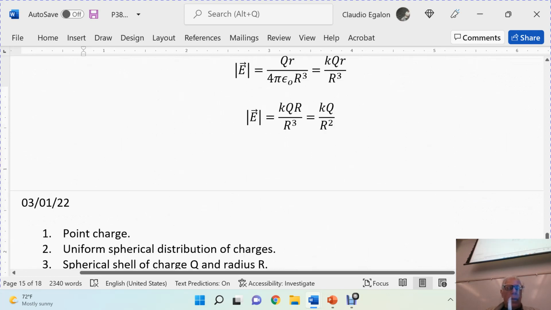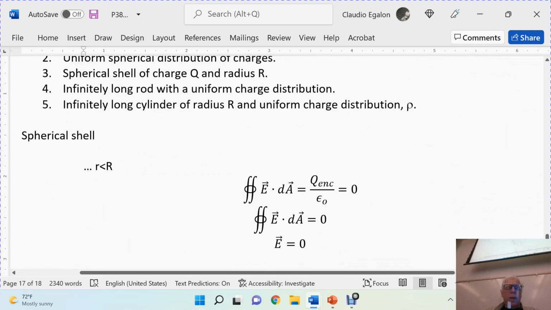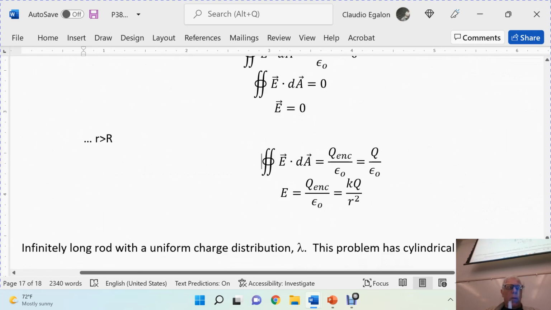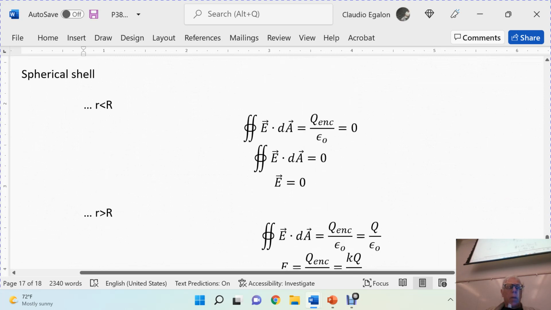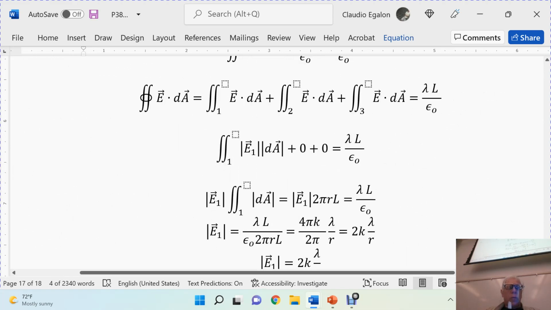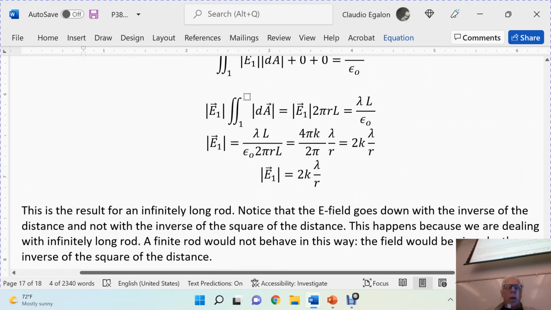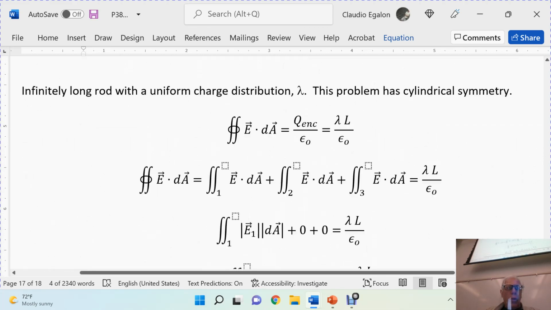Let's get this one. Oh, that's a spherical shell. I don't want the spherical shell. I want this one here.